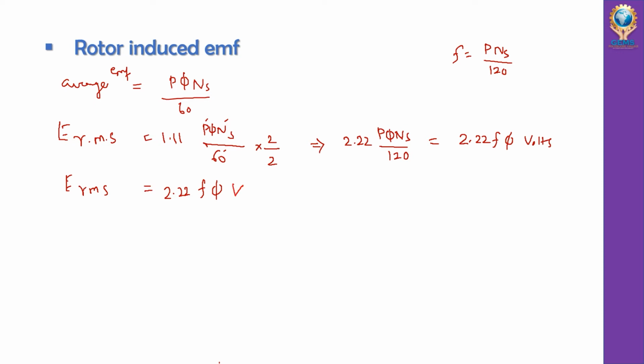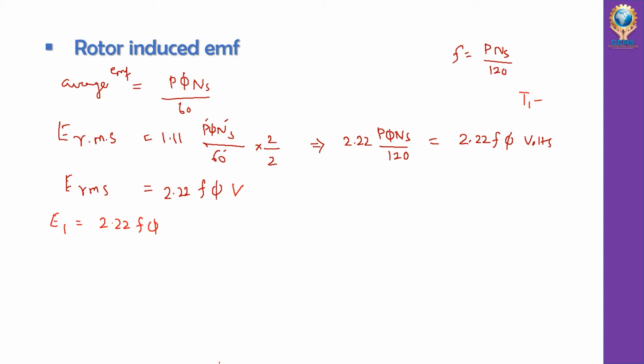Okay. Now for the stator we need to find the EMF value. So that stator winding is E1 = 2.22 f φ T1. Actually T1 is the stator conductor. Here, sorry, this is the winding turns.